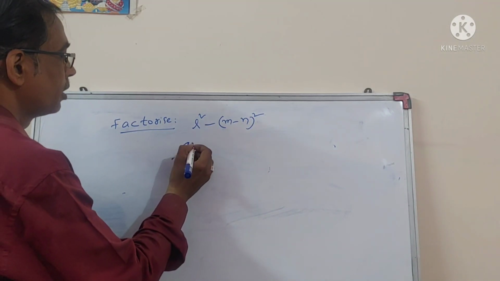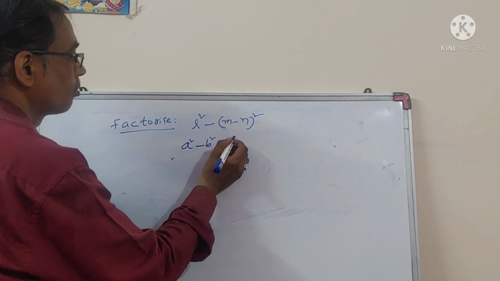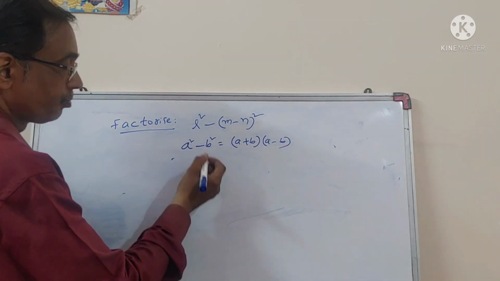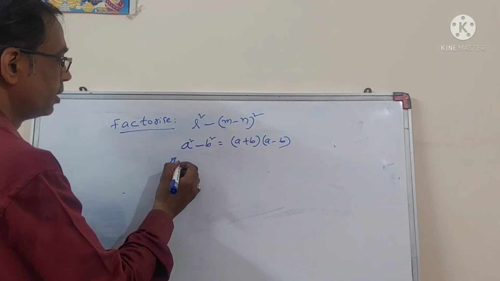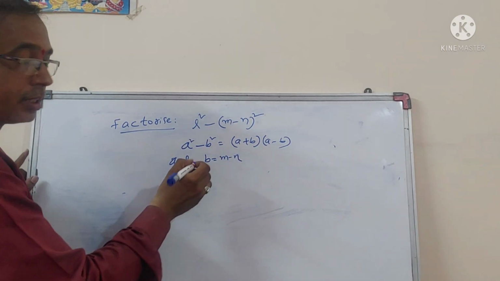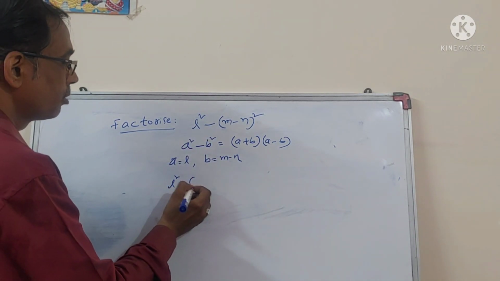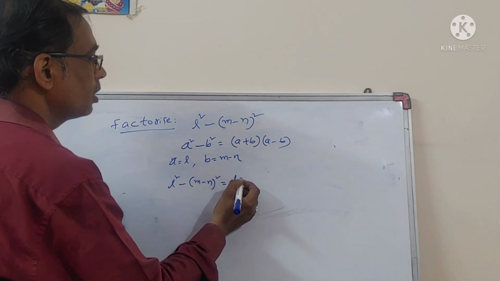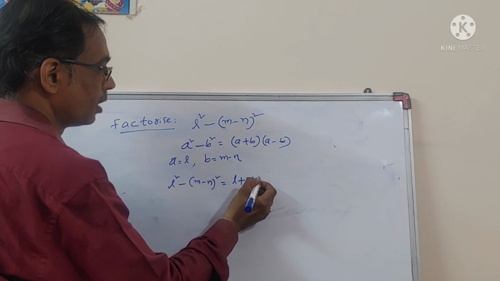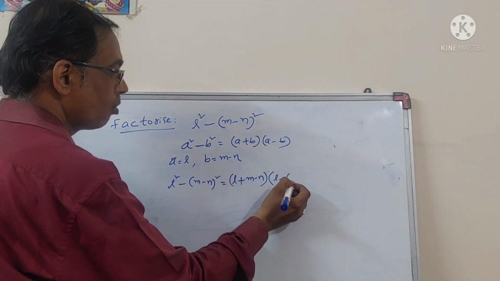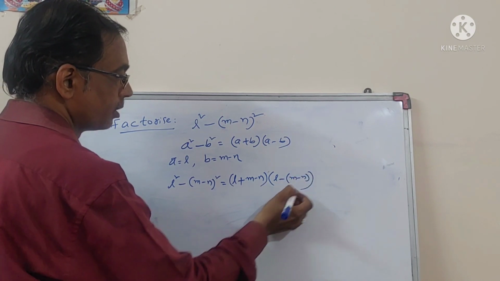Now here also you can apply directly the a square minus b square formula, that is (a plus b) into (a minus b). By comparing these two we get a is equal to L, b is equal to m minus n. Substituting here, L square minus (m minus n) whole square is equal to (L plus (m minus n)) and (L minus (m minus n)).